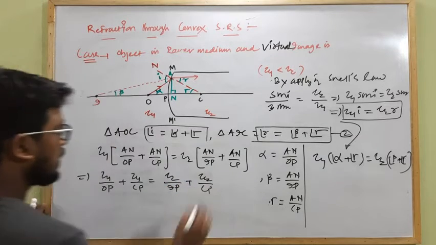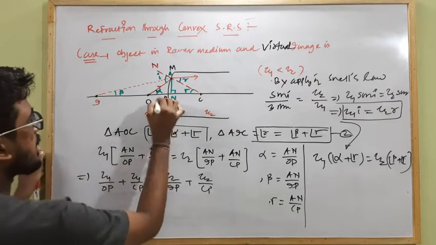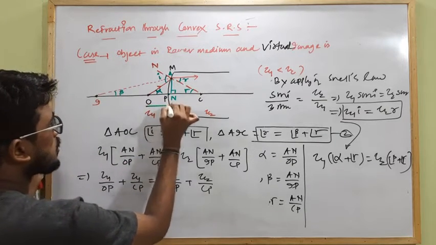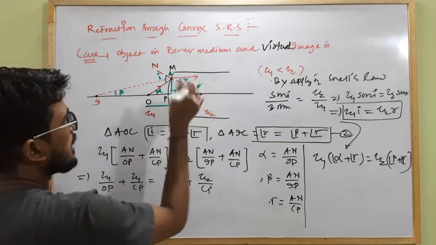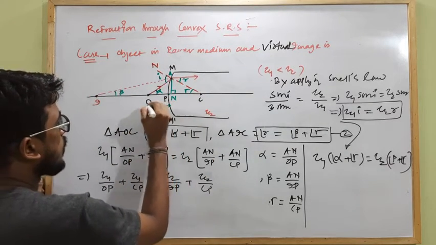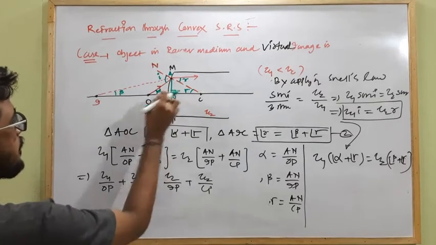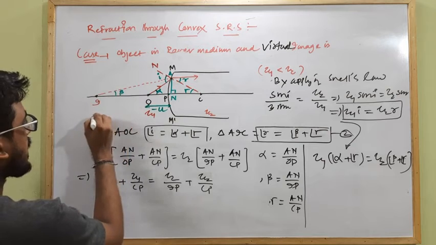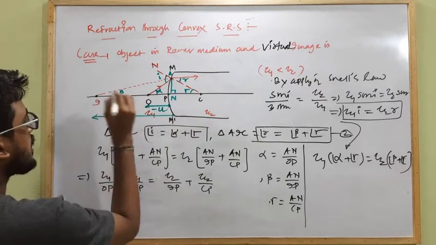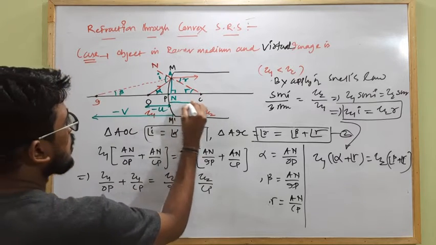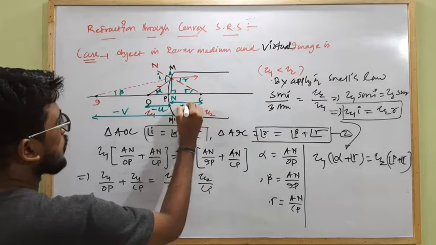So now again, O is the object and P is the pole, so OP is the object distance, and as rays are travelling towards the right, it will be measured from the pole towards the left, so it will be minus u. Again, what is IP? IP is the image distance, again the image is measured towards the left from the pole, so it will be minus v, and here CP is the radius of curvature, which is measured along the direction of the incident ray, so it will be plus r.